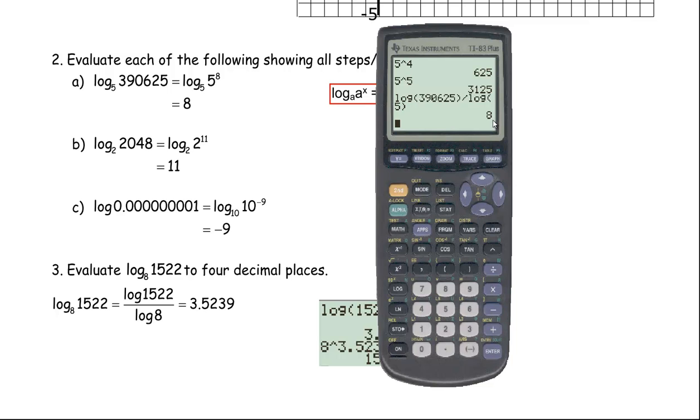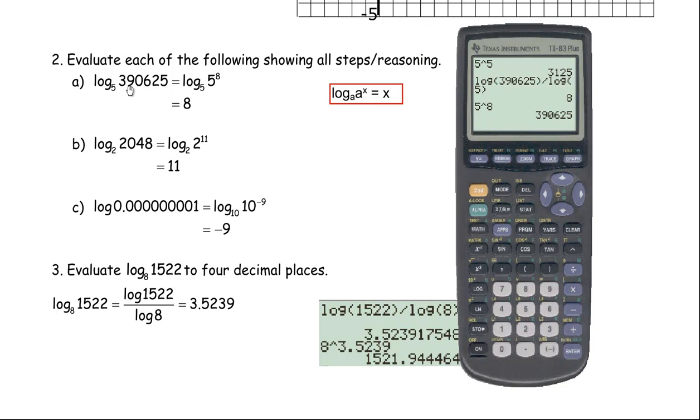So that actually tells me it's 8. So 5 to the power of 8 is that 390,625 number. So I'm changing that into 5 to the power of 8, so the base of the logarithm and the base of the power are the same, so it equals the exponent 8. So that would equal 8.